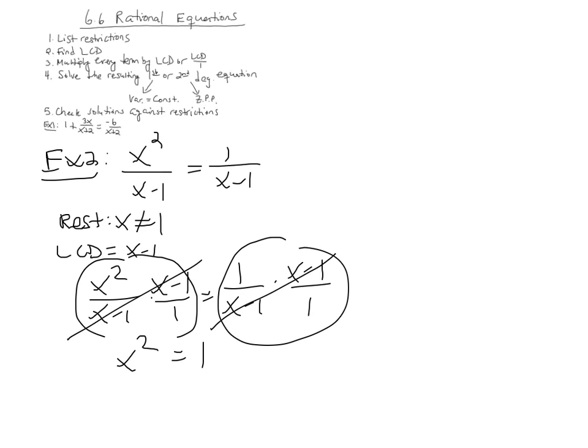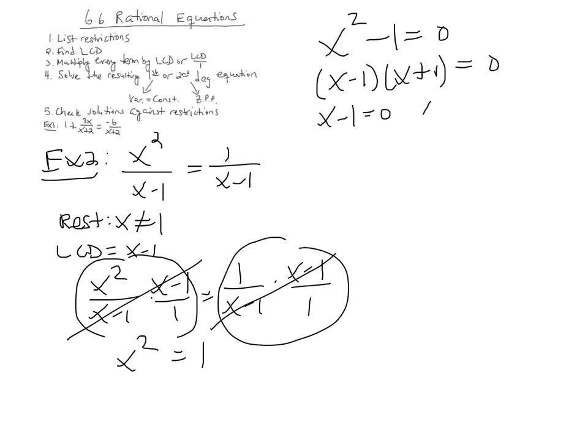Now, what we have here is a second degree equation, and we need to solve it using zero product property, which means we need to get 0 on one side, and we can do that by subtracting 1, and we get a product by factoring. This is a difference of squares. And once we factored it, we set each factor equal to 0, and we solve each of these little mini equations.